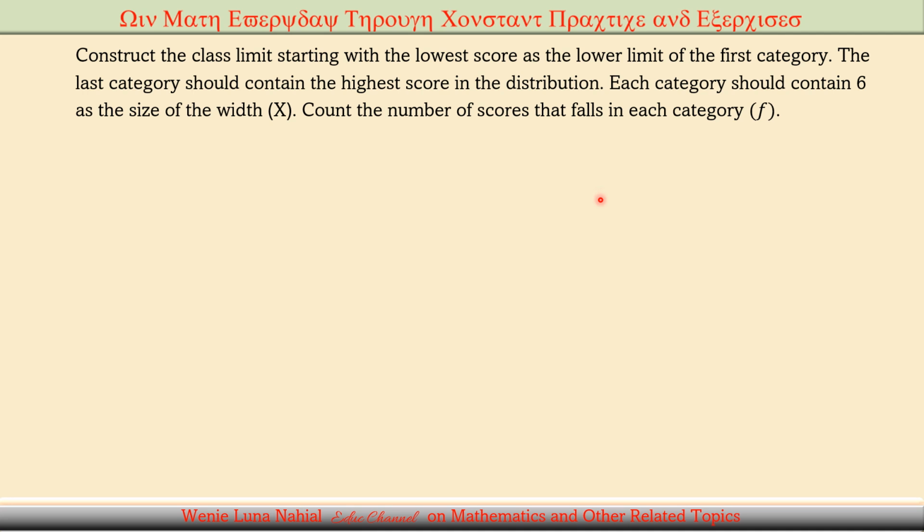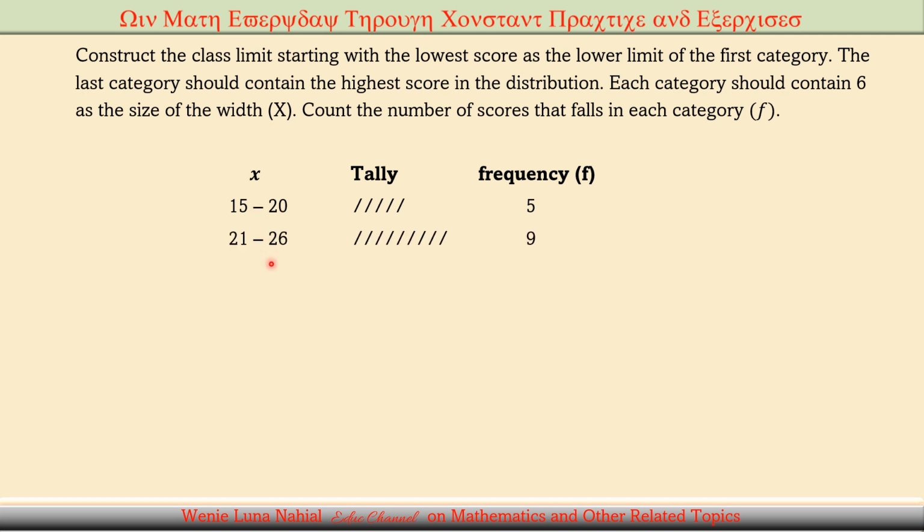In this particular illustration, since the lowest score is 15, that is our lower limit of the first category. So it should be 15 to 20. You count 15, 16, 17, 18, 19, 20. So that is 6. Then tally, there are 5 test scores within this class interval.